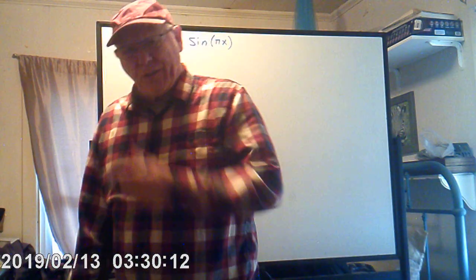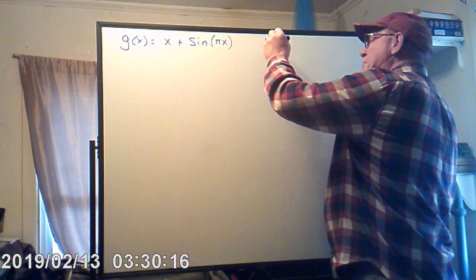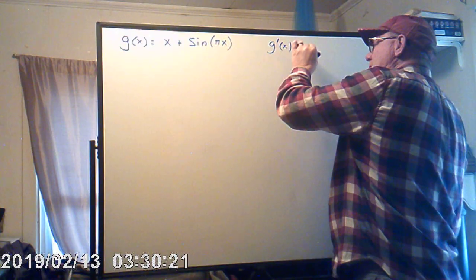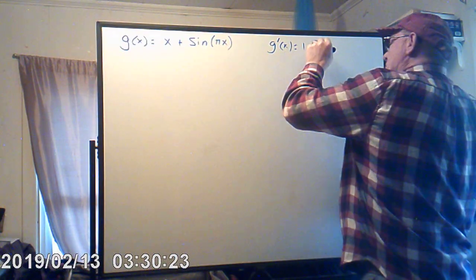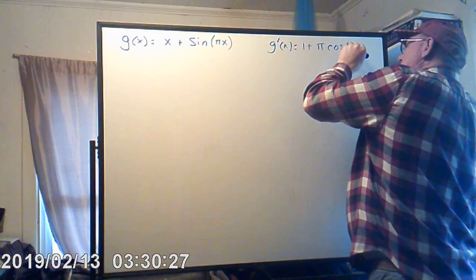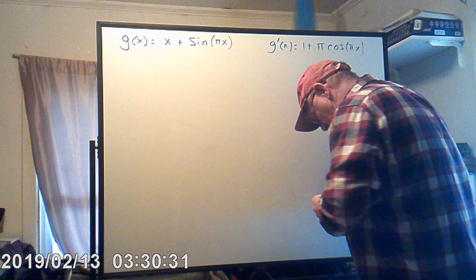Excuse me. I want to show that this is what we found a while ago. It said that g prime is equal to 1 plus pi cosine pi x. That can be easily done. Let's take a look.